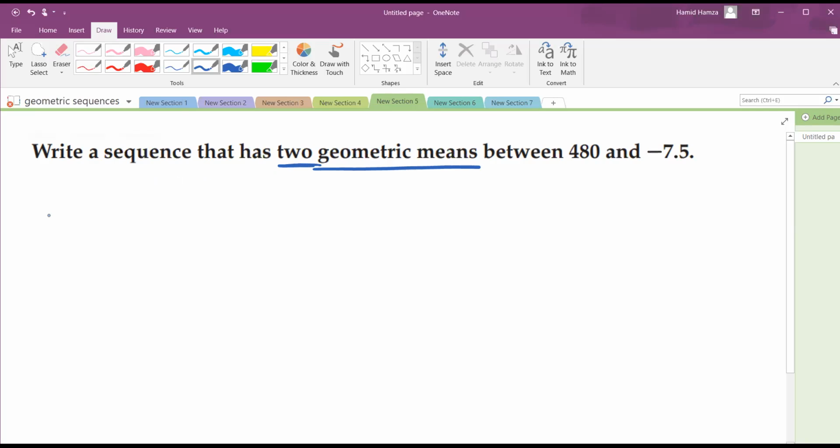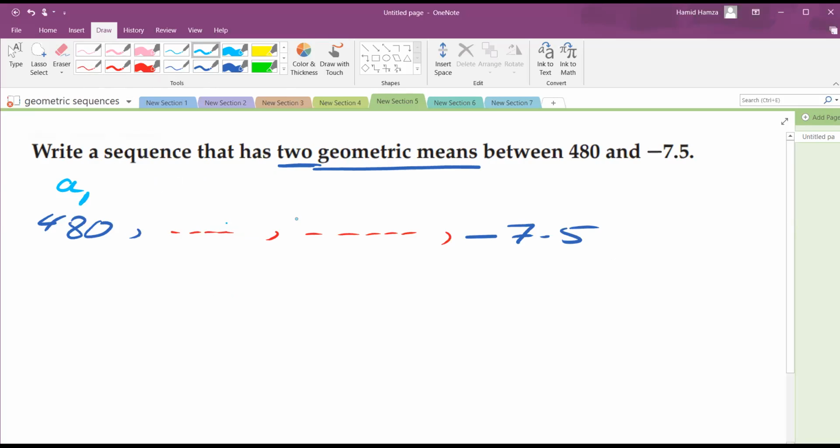That means 480 will be the first term, then we will insert 2, and the last term will be negative 7.5, like this.